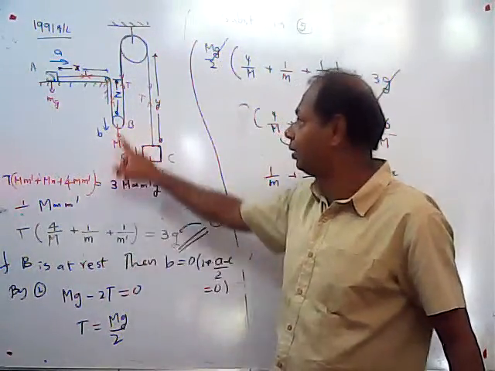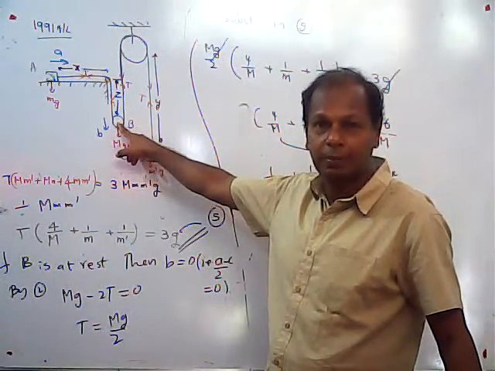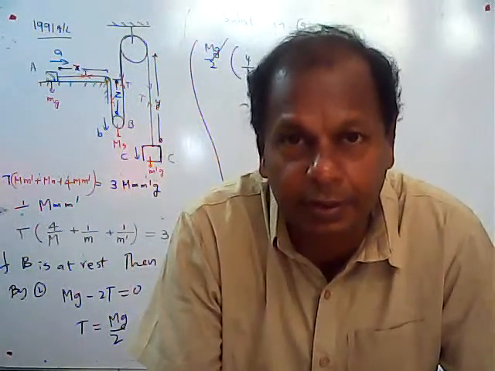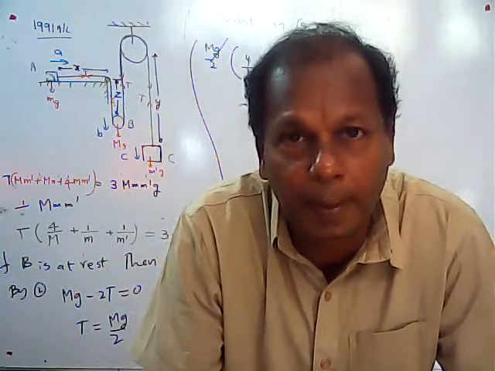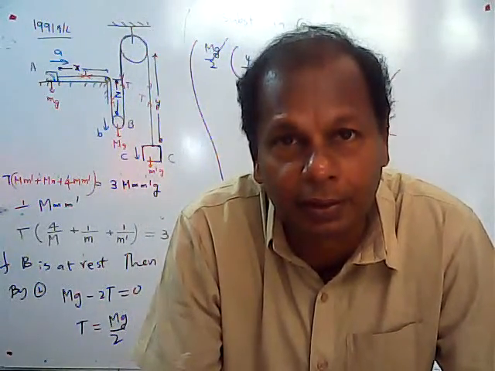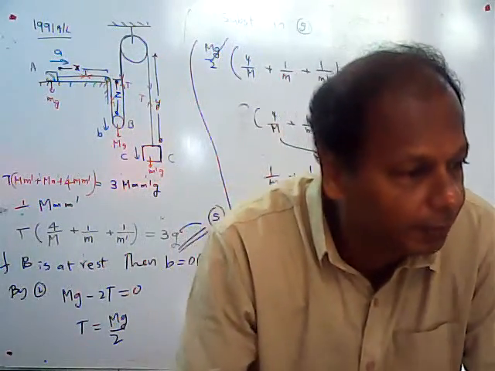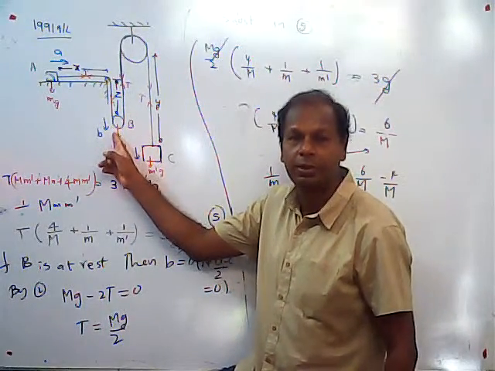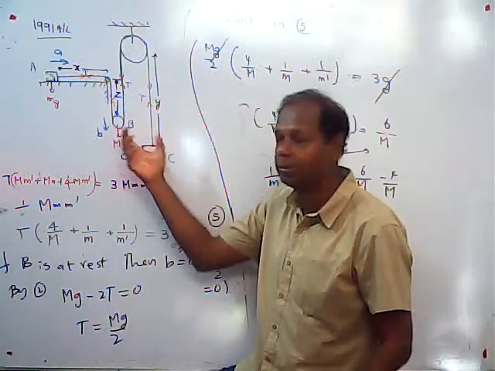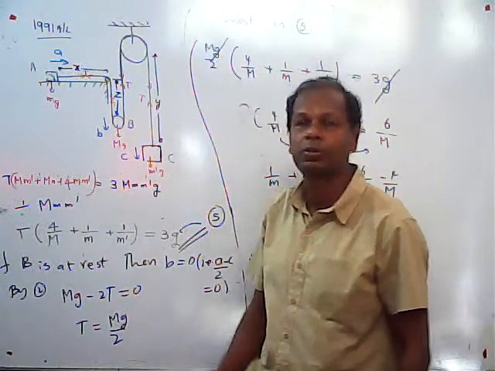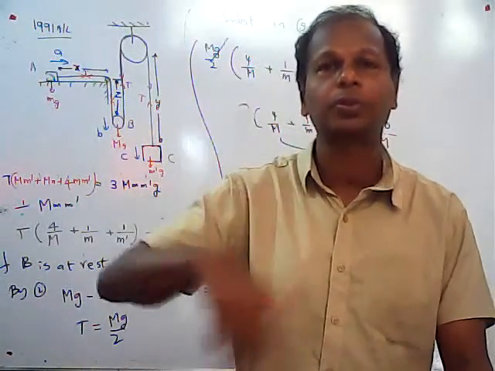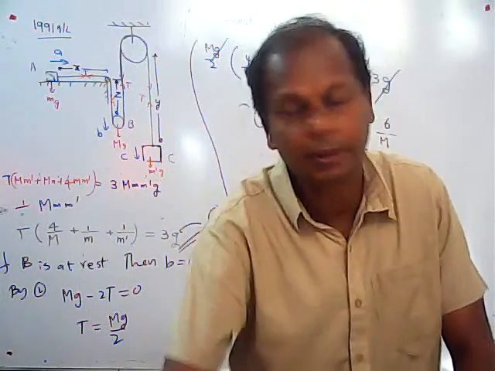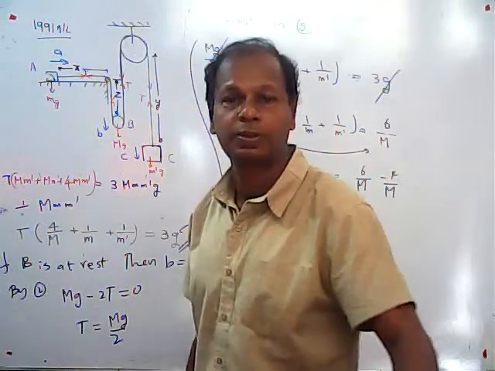Once you release it, this was at rest at the beginning, and for no motion of B, it doesn't start motion, so its acceleration has to be 0. If B stays at this position, no motion of B, its acceleration has to be 0 because it was at rest at the beginning, right? So acceleration of B equals 0.